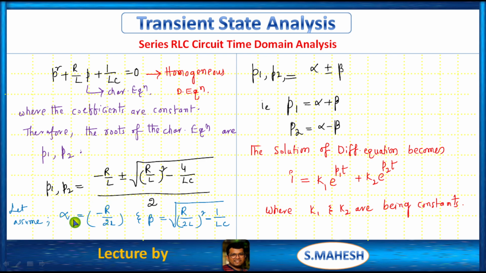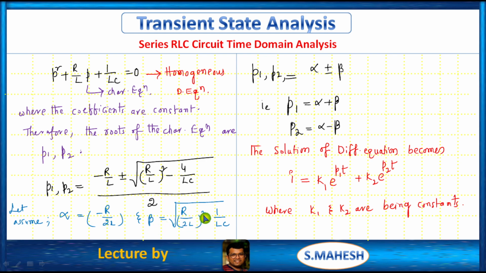For better simplification, I have considered R by 2L equal to alpha. Square root of R by 2L whole square minus 1 by LC is nothing but beta. So for that, P1, P2 should be equal to alpha plus or minus beta. That is, P1 is alpha plus beta, P2 alpha minus beta. So this is the solution. The solution totally depends upon beta.